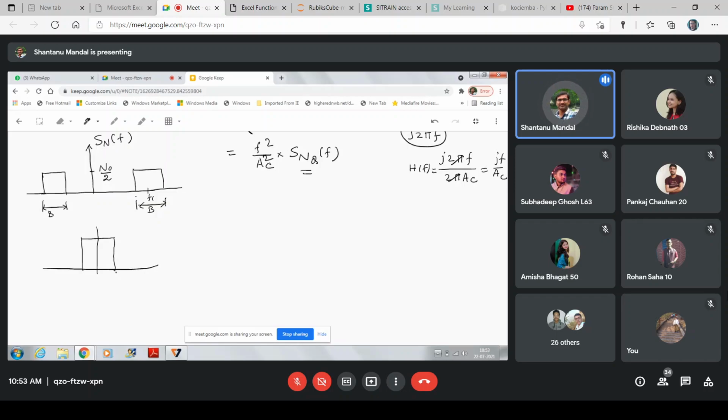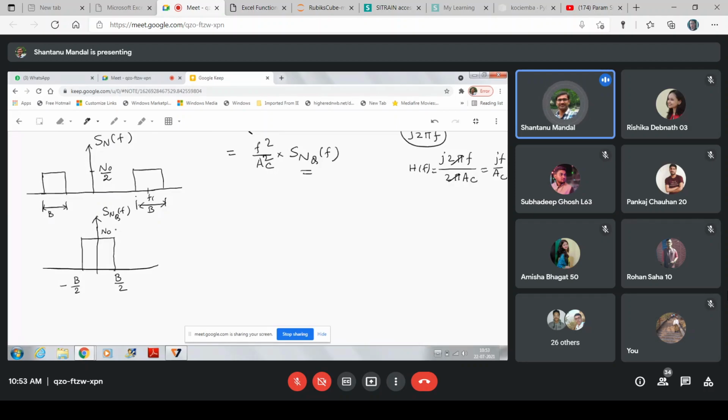Then we have to write B by 2 and minus B by 2, and here actually this is S of NQ(f), and here this value is N0. Actually I have discussed this portion in band pass signal representation of signals and systems.